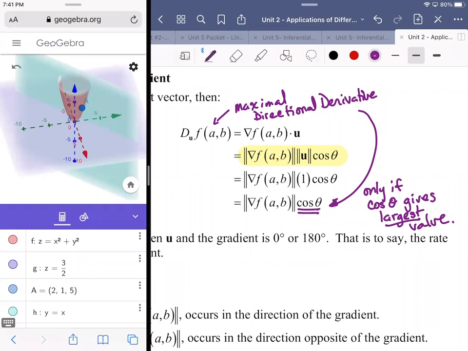So we would want to be thinking about what kind of theta value would allow this product to be the largest that it could possibly be.